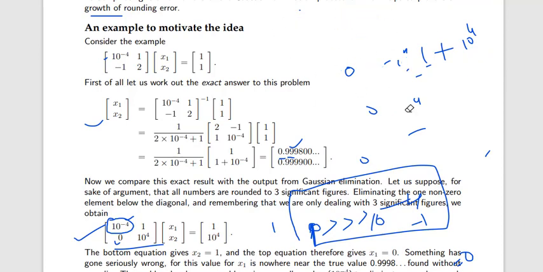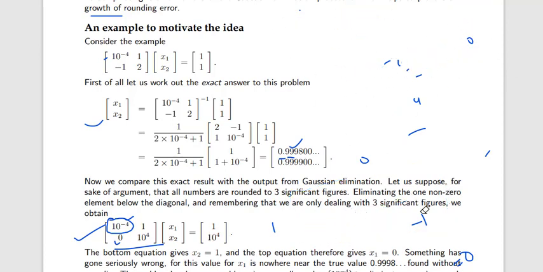So whenever in a linear equation there is a smallest number on top and a larger number at the bottom, then we will use partial pivoting. We will not directly use Gaussian elimination to solve the equation. In simple words, if you want to use Gaussian elimination, the diagonal value should be larger than the number below it.